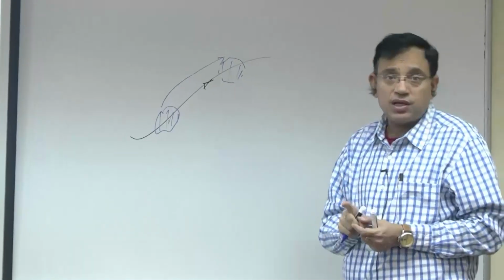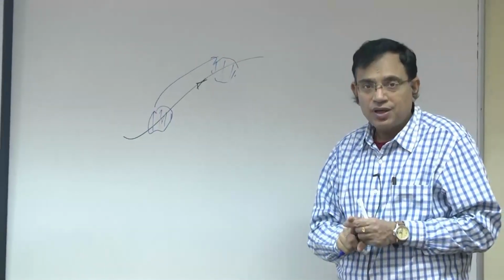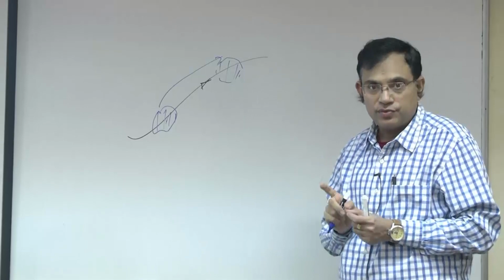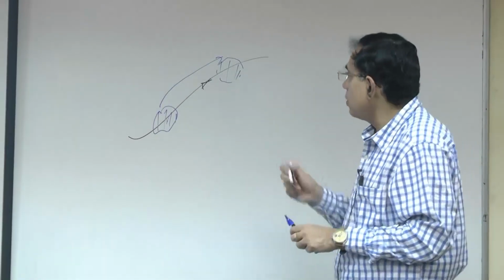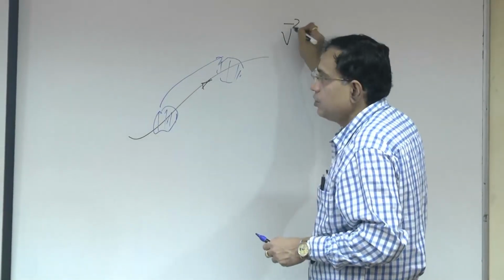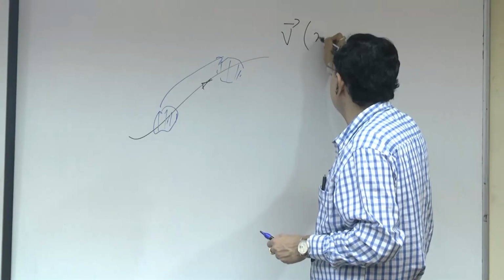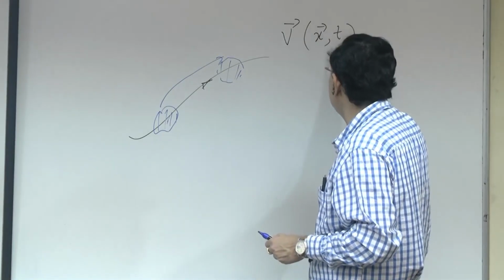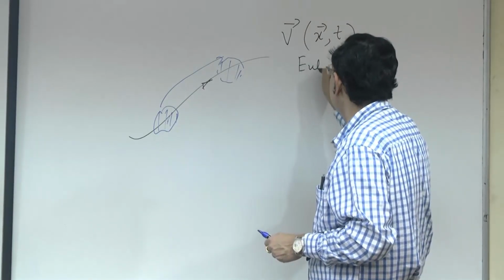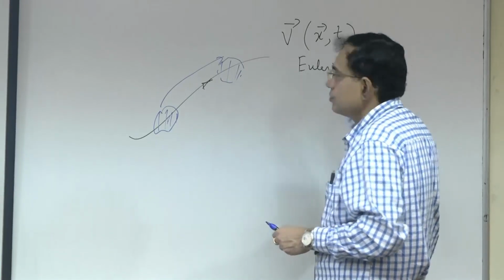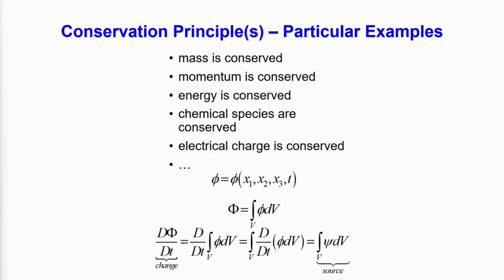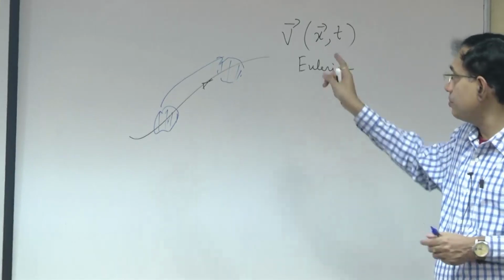So, this velocity is described by the velocity at a given location. We are talking about, for example, velocity which is a function of the position and the time. So, this is the Eulerian description. This phi that we have written here is a Eulerian description. For example, it is velocity.